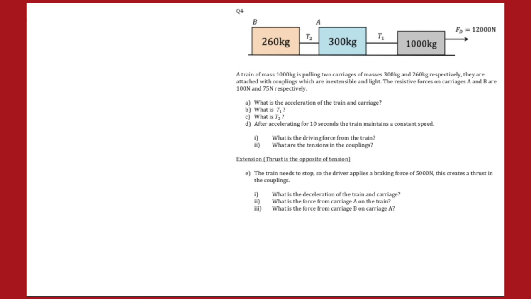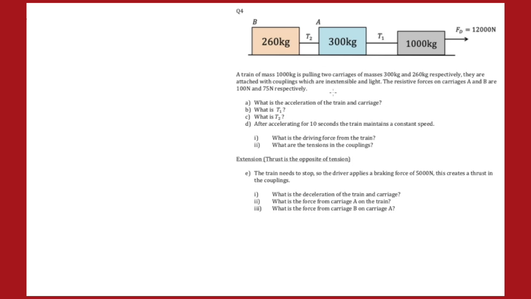So in this problem we have a multi-carriage problem, a multi-trailer problem. So we have two tensions, and these will be different when the whole system is accelerating. So we need to make sure we can work this out. You can actually extend this problem to any number of carriages. It's not too complicated, but we've got to be really careful when we make these calculations.